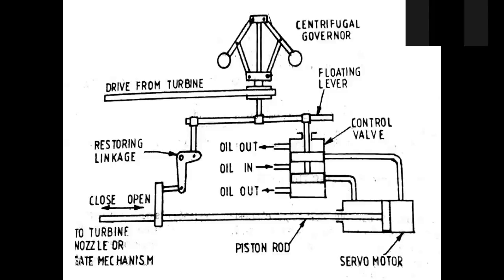Now this pressurized oil, as soon as it enters the right chamber of the servo motor, exerts pressure on the piston, and the piston moves left and closes the nozzle.